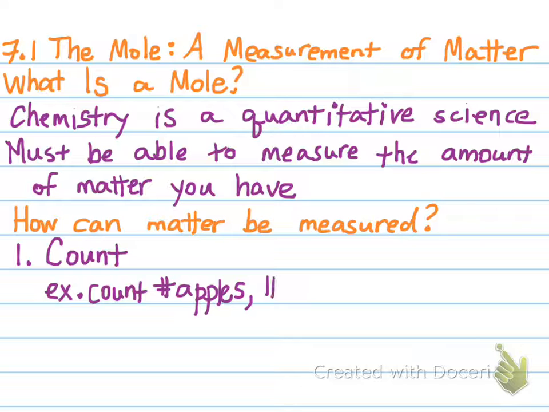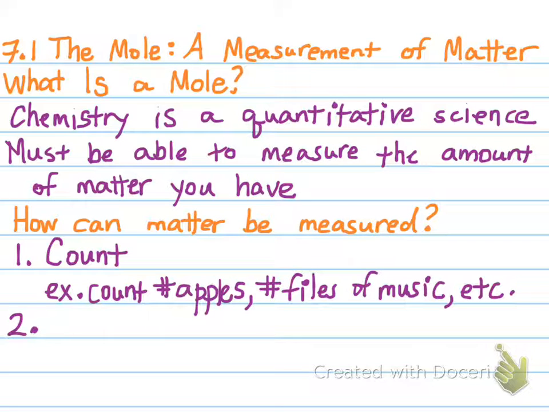We also might count the number of files of music that you have on your device. We count the number of people in a classroom. We count the number of pets that we have, right? There are lots of types of matter that we count when we measure them.